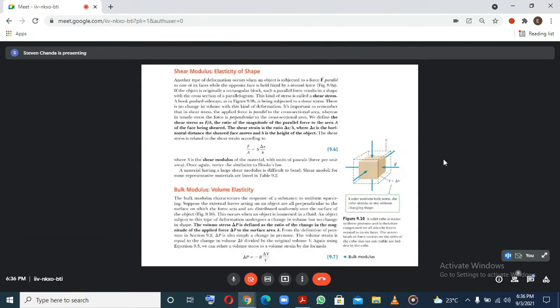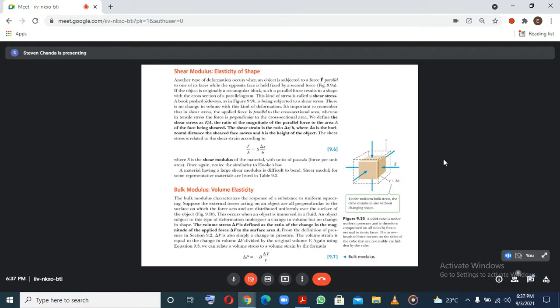So meaning that this force has to be parallel so much that the surface is not compressed but it's sheared. I'm sure you may remember those things you used to do for the transformations where the shape will change from a rectangle to a parallelogram, things like that, right?